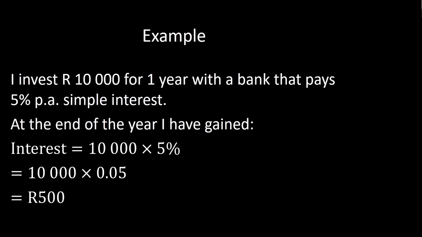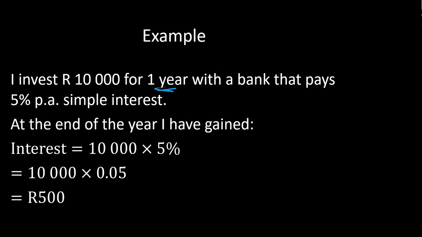So while we're looking at this question, what's also important to note is that simple interest will always be earned on a yearly basis. So we don't deal with months or quarters. With simple interest, all our time periods must be converted to years. So here we just see that our investment has been invested for 1 year.